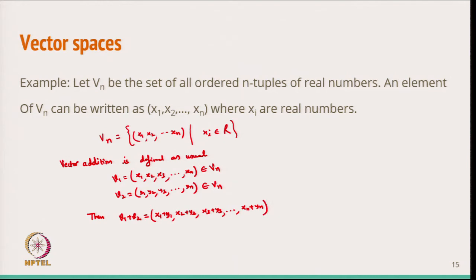This we call the vector addition in the case of Vn, and that is why we call it the usual, because this is the way we used to add two vectors.